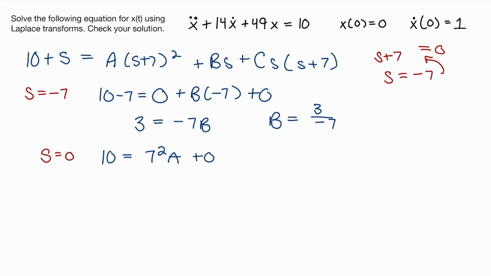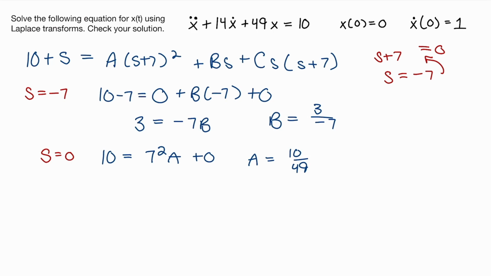So then we end up with A equals 10 over 49. Now the last one is a little trickier. We want to find C, but we also know that if we use negative 7, it'll cancel out both A and C. You can look at it here and just pick whatever number you think is the easiest.